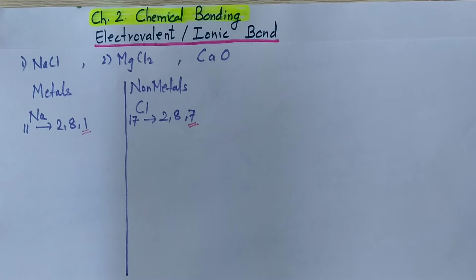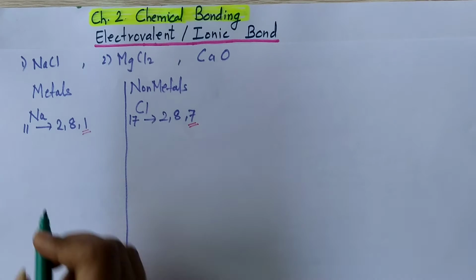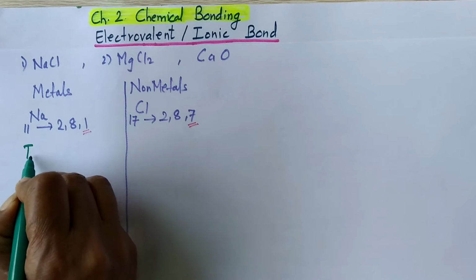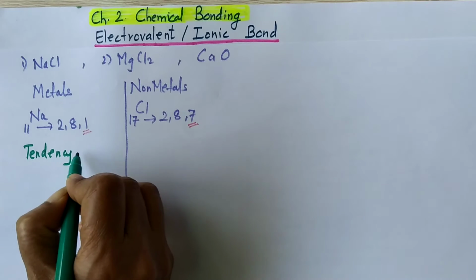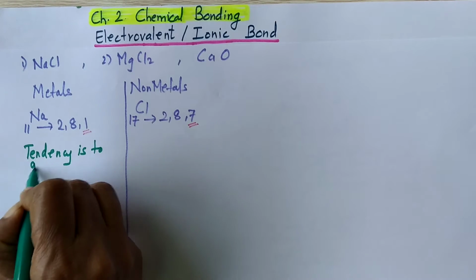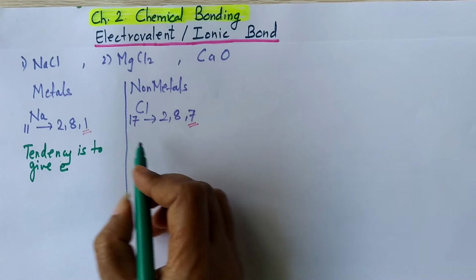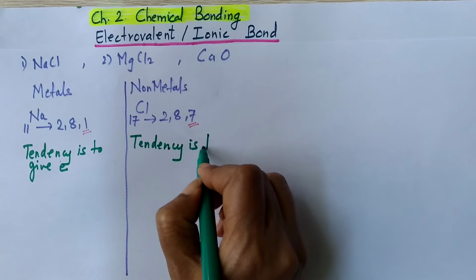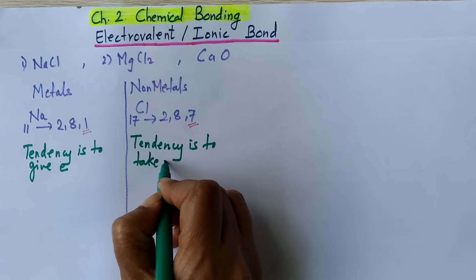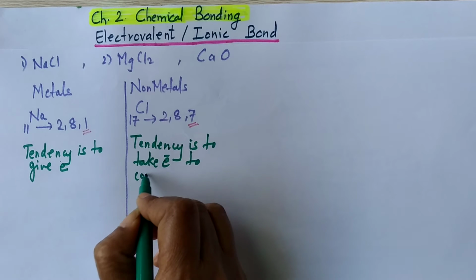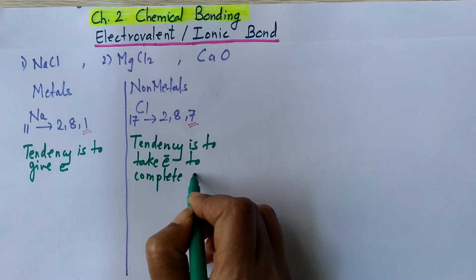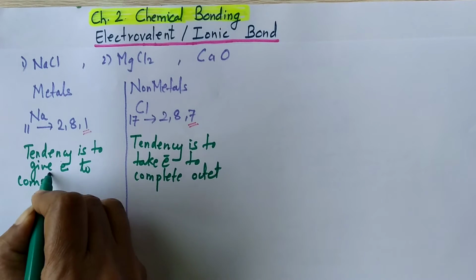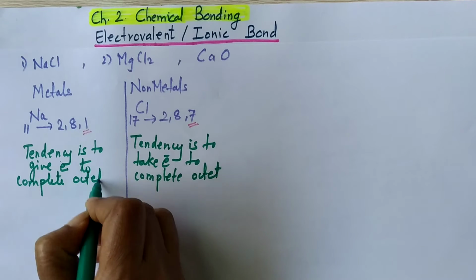Now metals have the tendency to give electrons, and non-metals' tendency is to take electrons, to complete the octet.